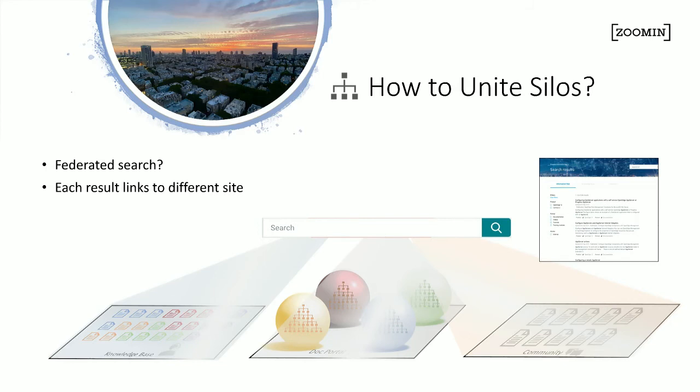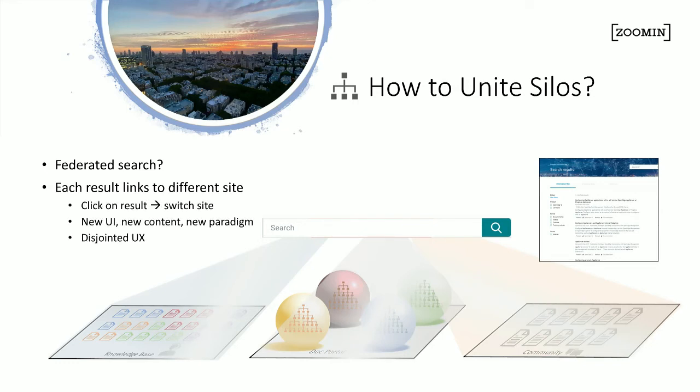It's a little bit like what Google does, right? So when you go to Google, it indexes dozens and dozens of different sites, and then you have these search results. And when you look at your search results, each search result could lead to a completely different world. So you click on the first one, it goes into one world. You click on another one, and it goes into a completely different world.